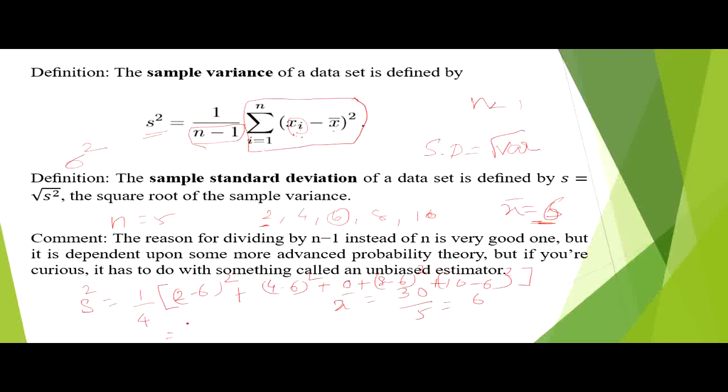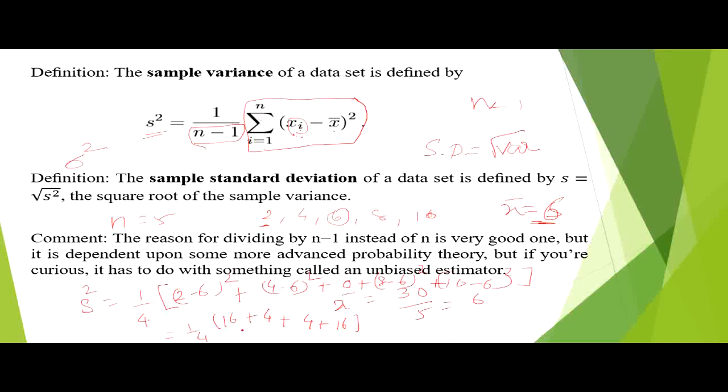Let's see. 1 over 4, and 2 minus 6 is negative 4. Negative 4 square is 16, and 4 minus 6 is negative 2, which squares to 4, plus 0, leave it. 8 minus 6 is 2, 2 square is 4. Again 10 minus 6 is 4, square is 16.